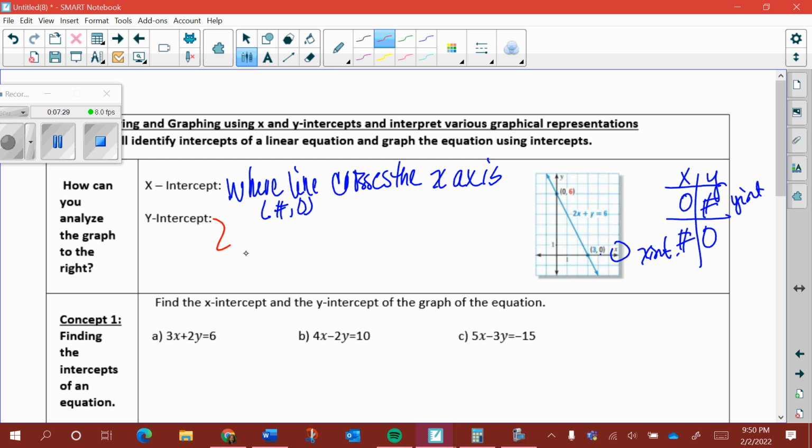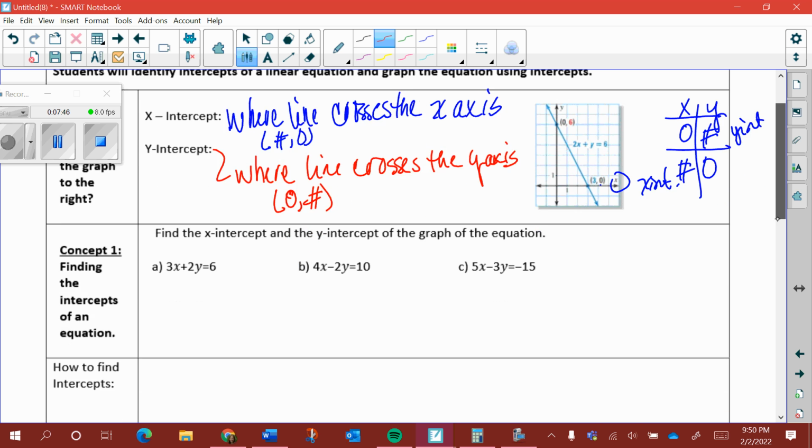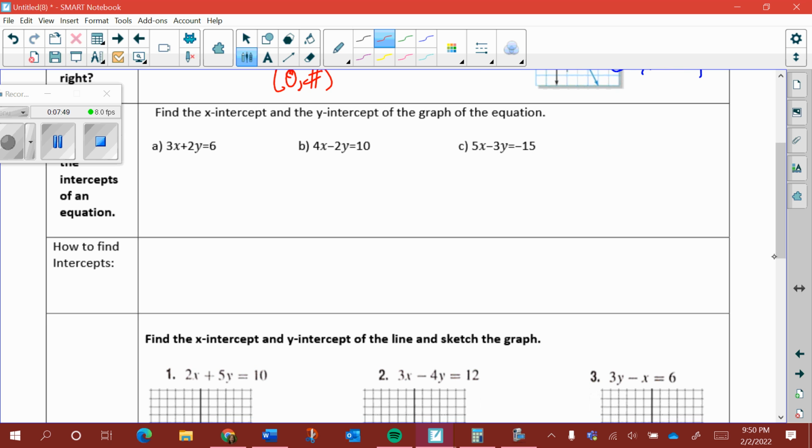A y-intercept is where the line crosses the y-axis, and it's going to be 0, some number. So for the next 2 problems, I want you to plug in a 0 and solve for x, and plug in a 0 and solve for y. So basically making that chart: 0 for x, solve it, 0 for y.